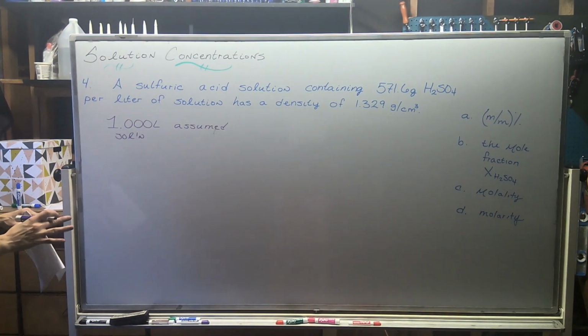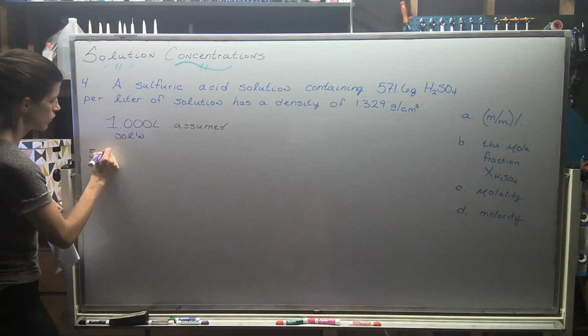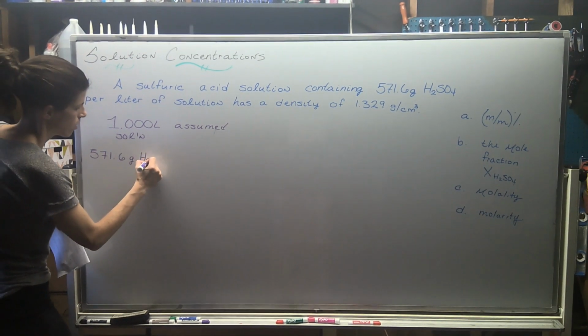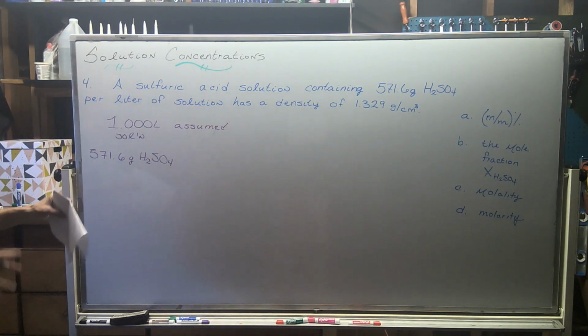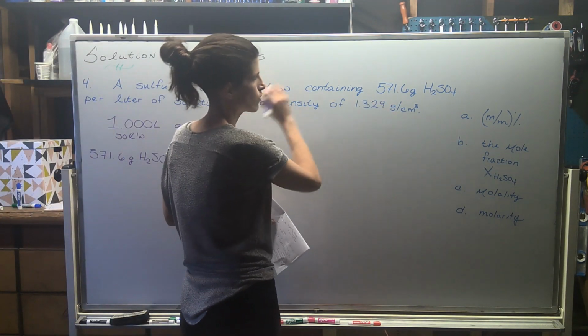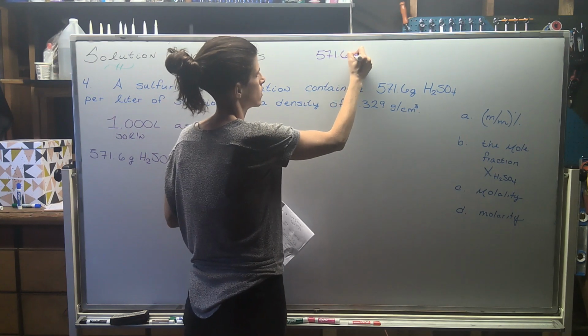Because of that assumption, now I know that I have 571.6 grams of sulfuric acid. But if you're like, I don't like that, I don't want to assume 1 liter, I want to assume a different amount, that's fine, because you basically have a conversion factor here.